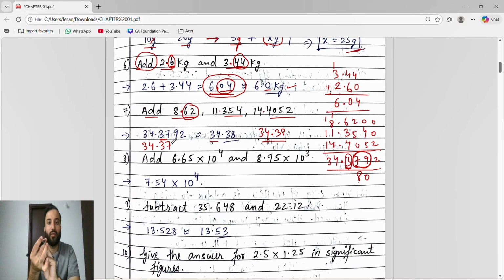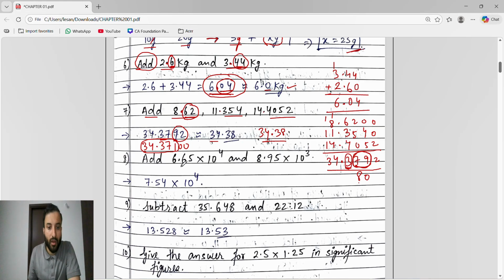Now we round off the third digit, so we take the next 2 digits and check: 92 will go to the 100 side. So 34.371 will be the number rounded off to 3 digits.